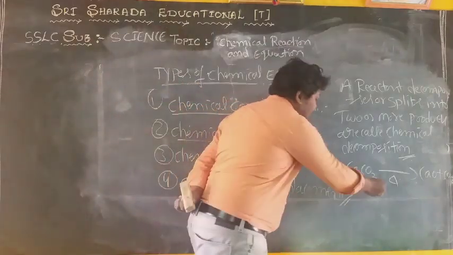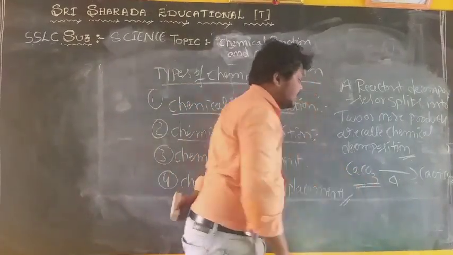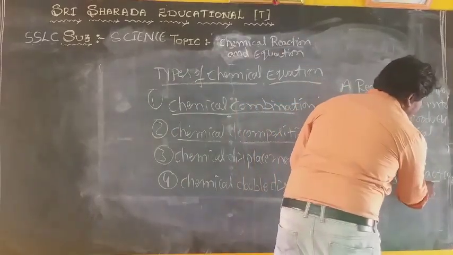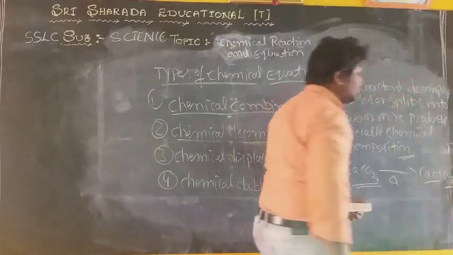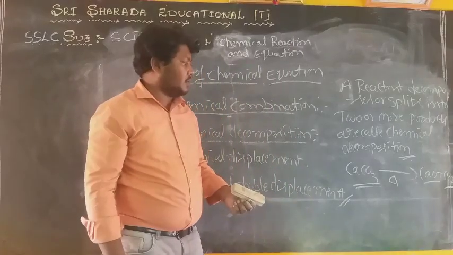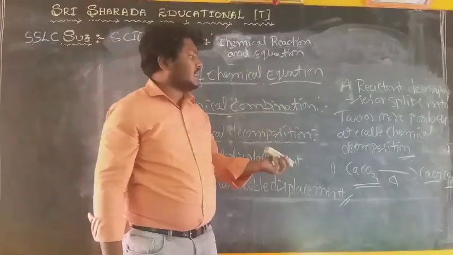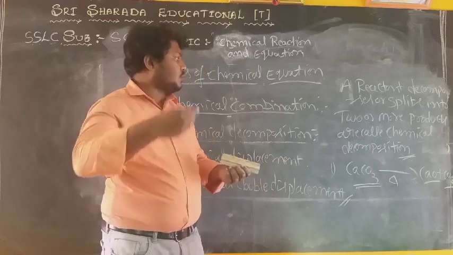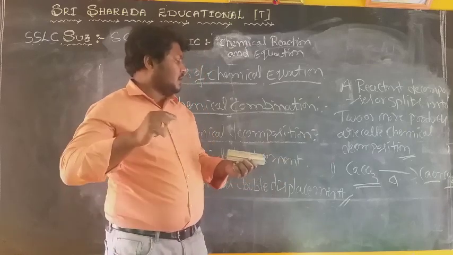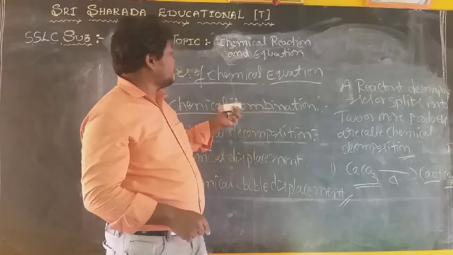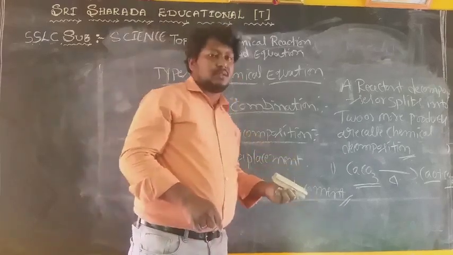It means a heavy reactant splits up into CaO, calcium oxide, and releases carbon dioxide. So like that we can see that some other examples are there. You have to list them out, and that is the homework for the types of chemical equation.